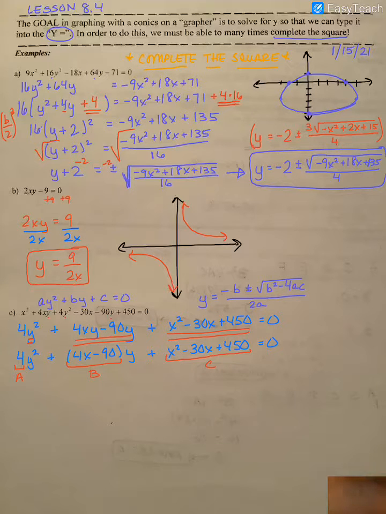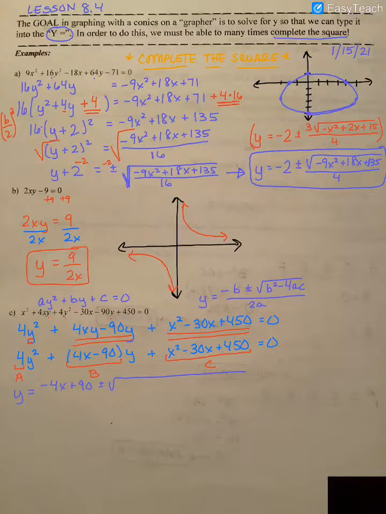Okay, we're solving for y. So y equals negative b. Negative b is the opposite of 4x minus 90, so I'm going to say negative 4x plus 90, plus or minus the square root of b squared.